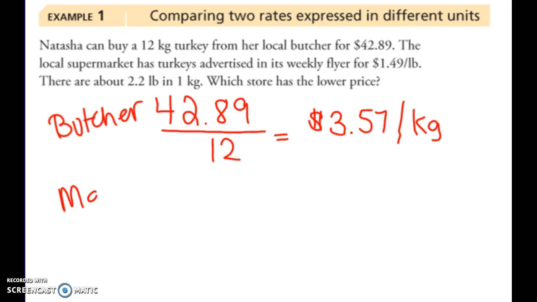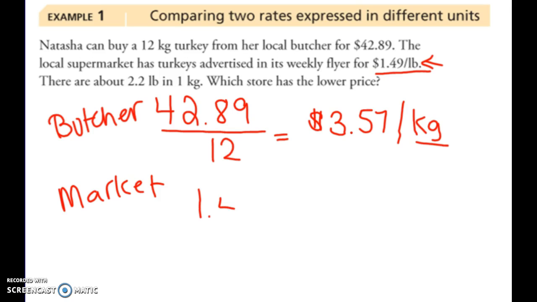And the market is $1.49 per pound. Since the butcher's price is in kilograms, we should be either switching this to pounds or switching this one to kilograms. So let's just get our answers in kilograms.